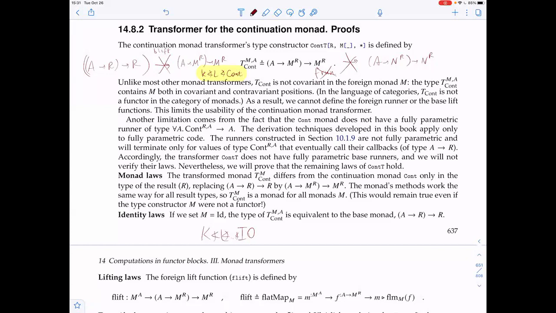In some cases, can have no transformer at all. And so those monads have to be at the end of the stack. So the Zio monad is similar to an IO monad at the end of the stack, and then some other monad like reader and either.